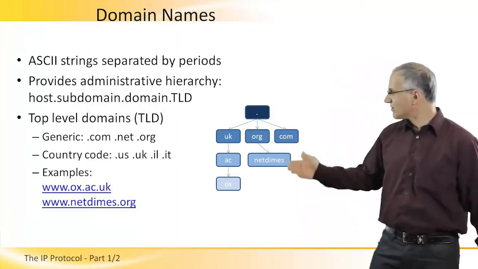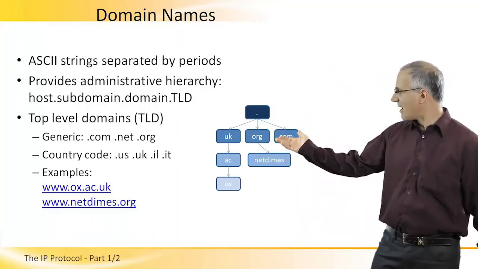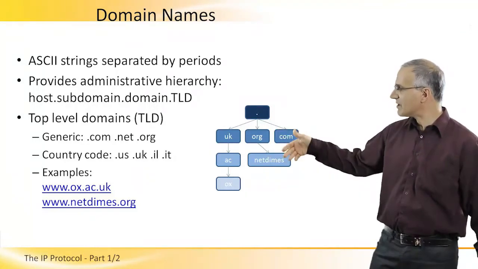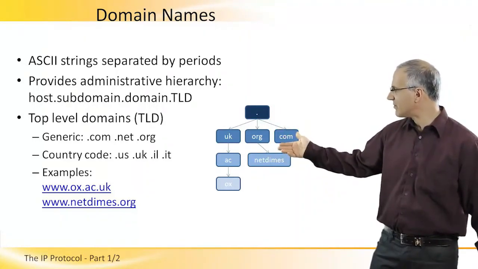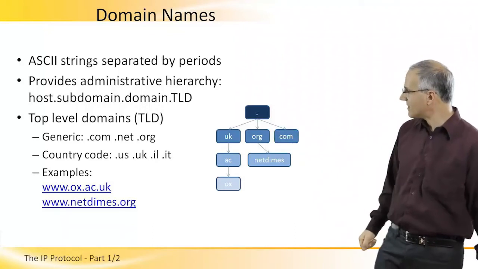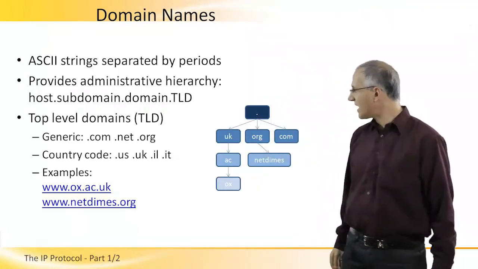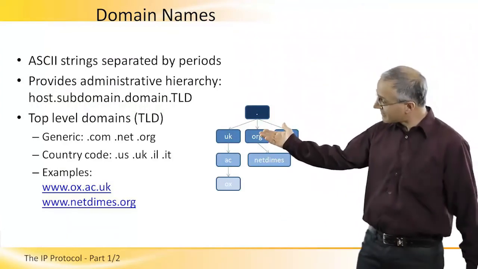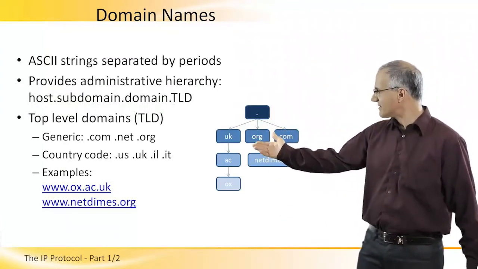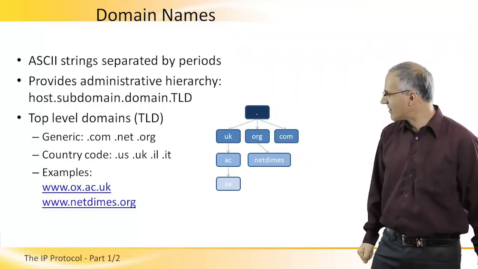Below this top-level domain, there are other domains that can be additionally divided into subdomains. For example, in the case of the United Kingdom, we have a domain called ac for academic networks, and under the ac domain, there's say ox, which is the domain name for Oxford University.